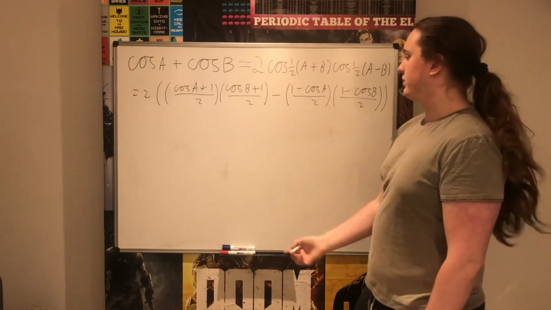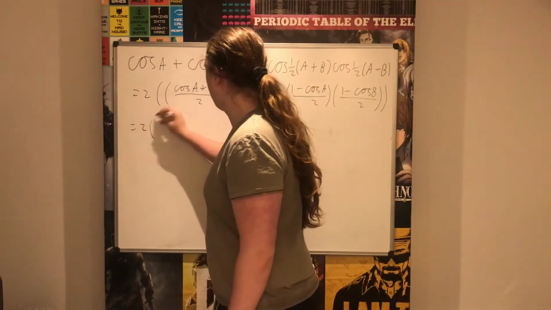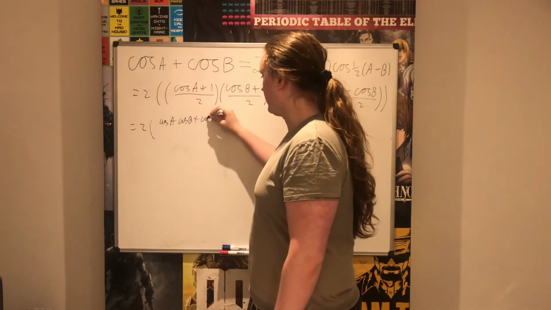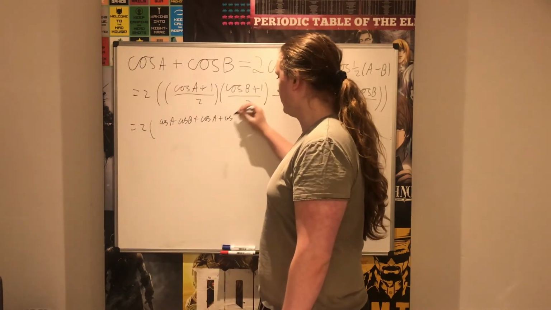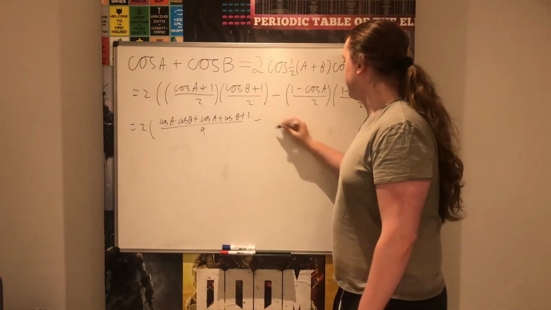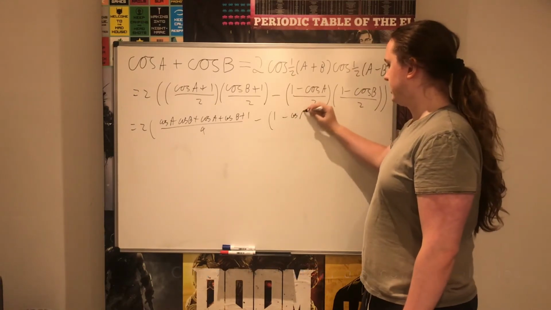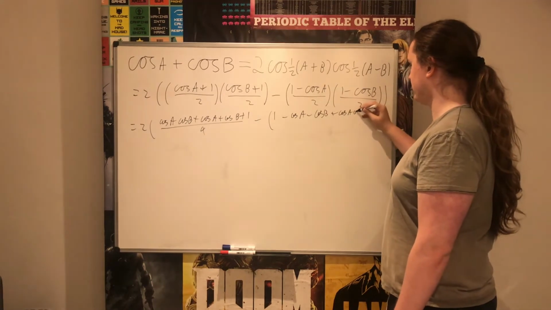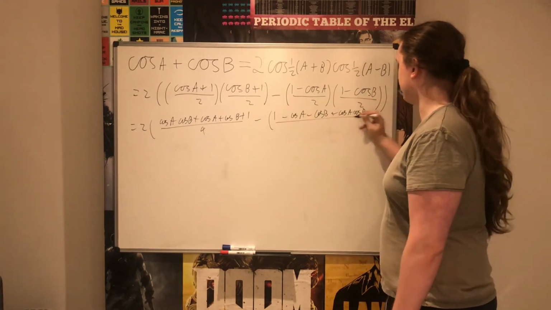So from here, if we now expand these inner brackets, we're going to get cos of a cos of b plus cos a plus cos b plus 1 over 4, minus 1 minus cos a minus cos b plus cos a cos b over 4.